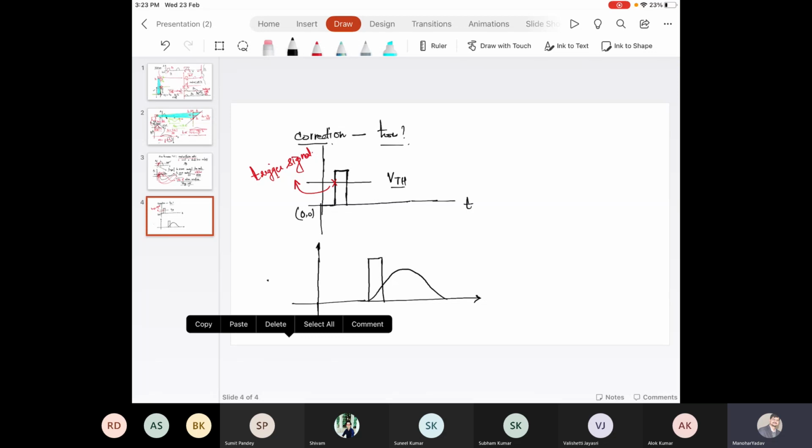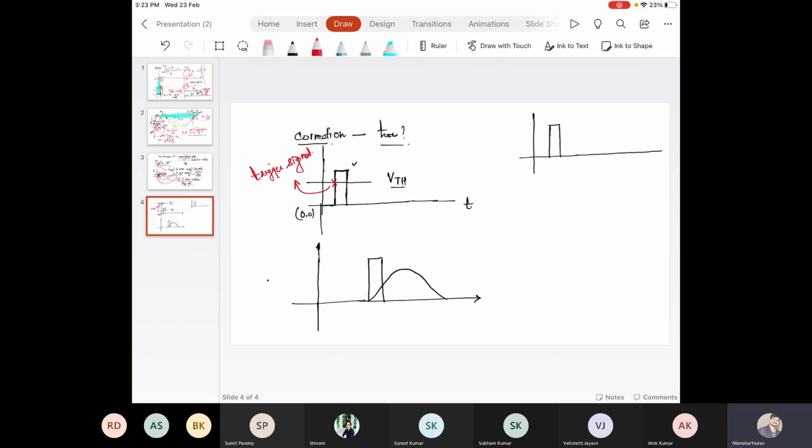Again, quickly I would like to discuss over here. Let's say this is a transmitted pulse, and in the same way we have the received pulse. Just see, the rising edge is impulsive in nature, while the falling edge is also impulsive in nature. It's not a gradual change.